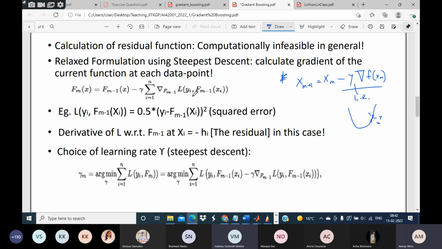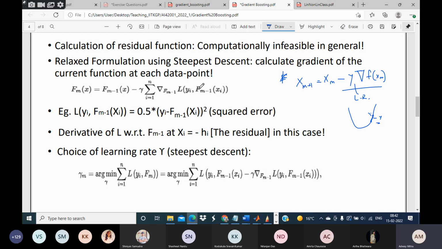In this case, the curious thing is that we are now not moving over these x_m's, which you can consider as real numbers. What we are really doing is moving in the function space. The gradient which we are calculating is the gradient of the loss function.